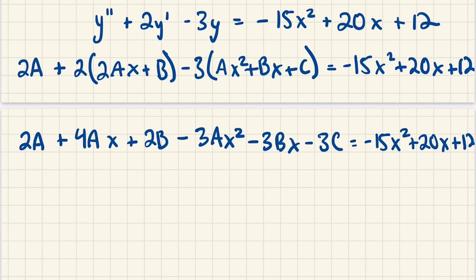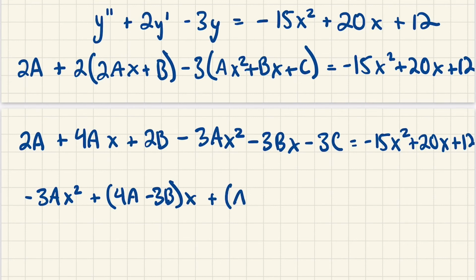So on the left side we have negative 3ax squared, and then we have 4a minus 3b times x, and then the constants 2a plus 2b minus 3c.